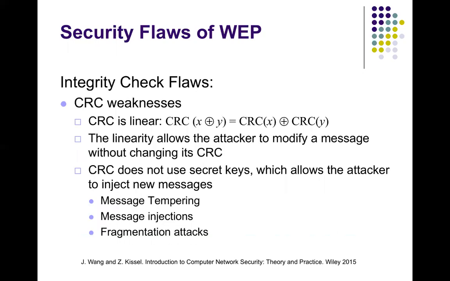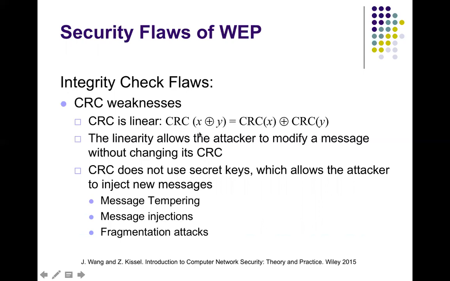The next security flaw of WEP is the integrity check flaw. Using CRC has the following weaknesses. One, CRC is linear, which is good because it is easy to compute, but when you want to use it as an ICV, it's not that good.